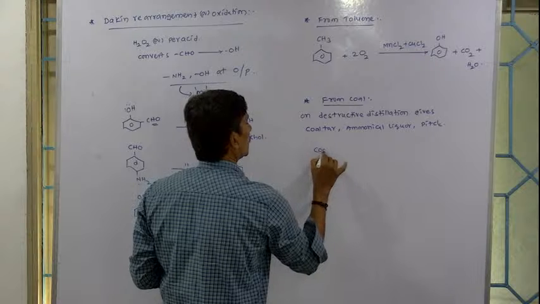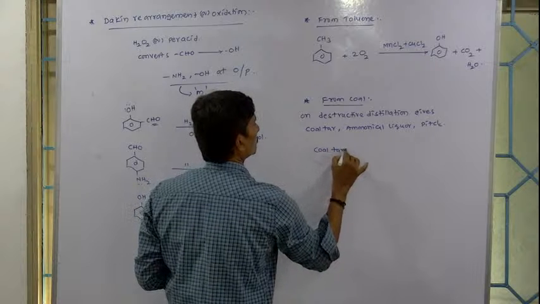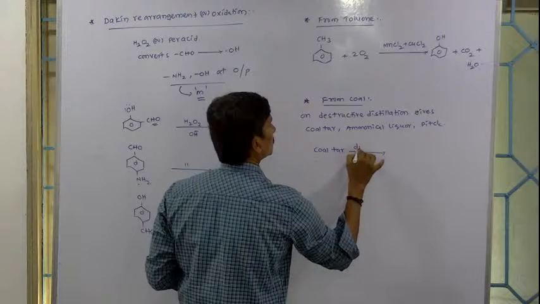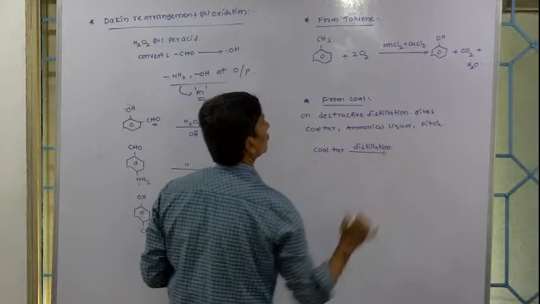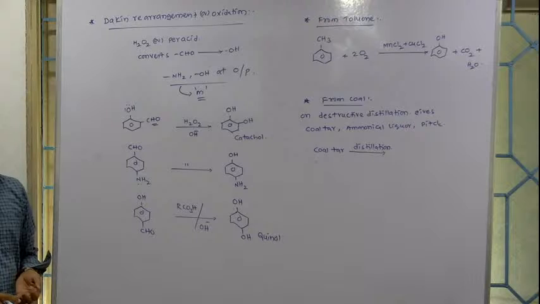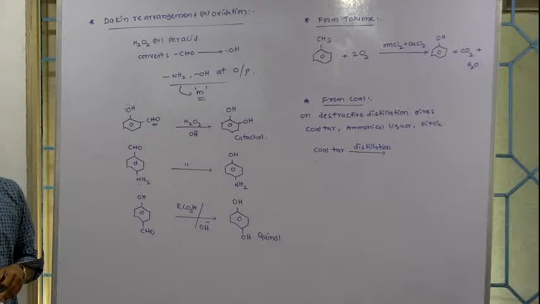So come to the coal tar, and again distillation. Coal on destructive distillation can give the three parts.